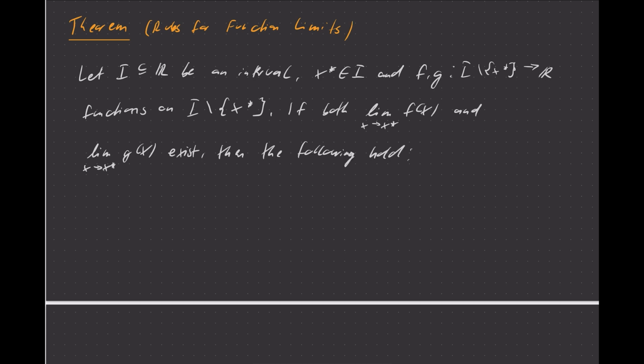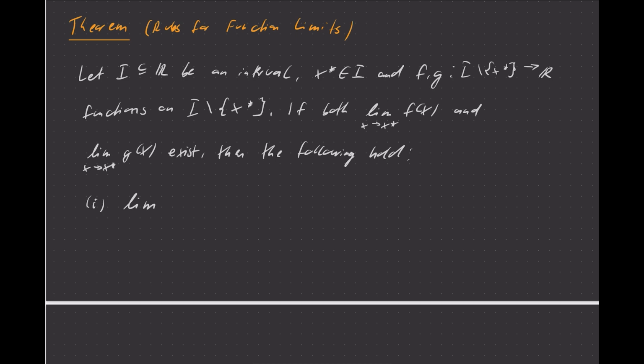First, you can just add or subtract these two functions, and that will then lead to an existing limit that will also be the sum or the difference of the limits of the single functions.